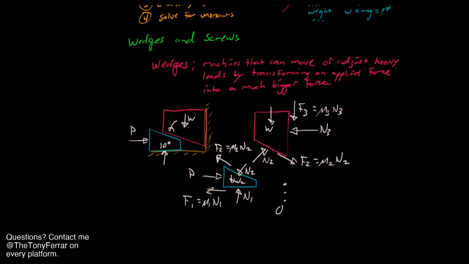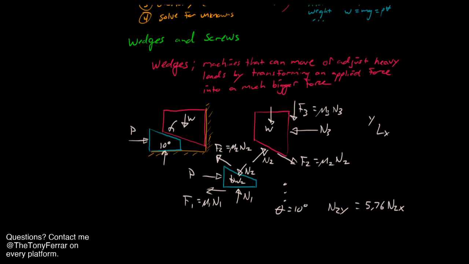If theta is equal to 10 degrees in this system, then what we discover is that the y component, if we make y vertical and x horizontal, of the normal force N2, the force between them, which is the force pushing up on the load, is equal to 5.76 N2x. In other words, however hard I push on it horizontally, I get almost a 6 times multiplier pushing up on it.